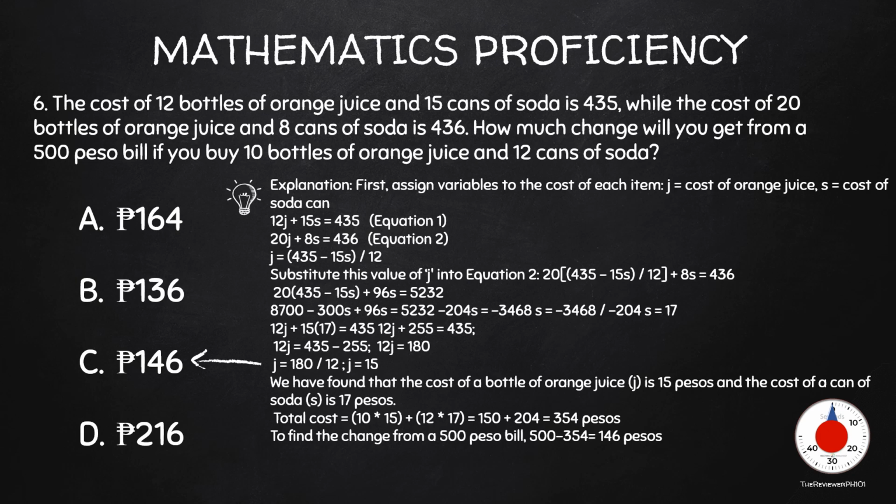Total cost equals 10 multiplied by 15 plus 12 multiplied by 17 equals 150 plus 204 is equal to 354 pesos. To find the change from a 500 peso bill, 500 minus 354 is equal to 146 pesos.